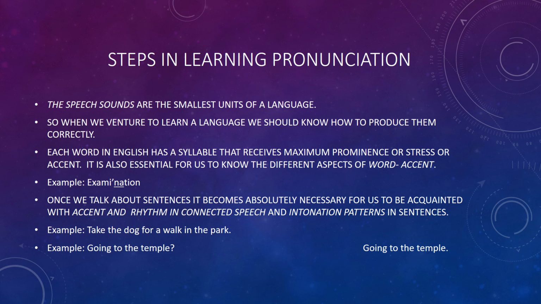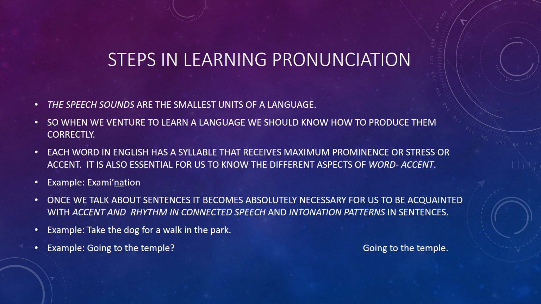And then we come to the rhythm. Rhythm in sentences is the way the stressed syllables occur at regular intervals in them. It is this quality that makes the English language sound rhythmic. And we also have intonation patterns in sentences.